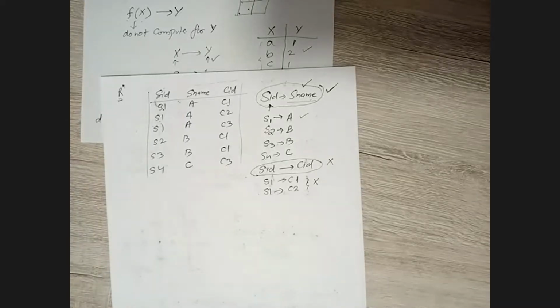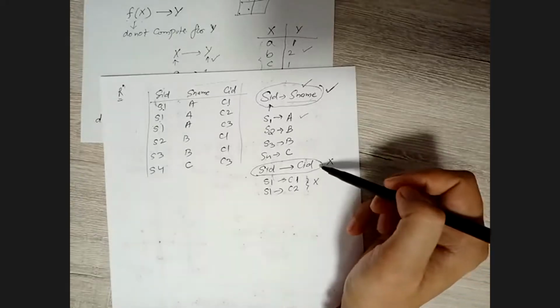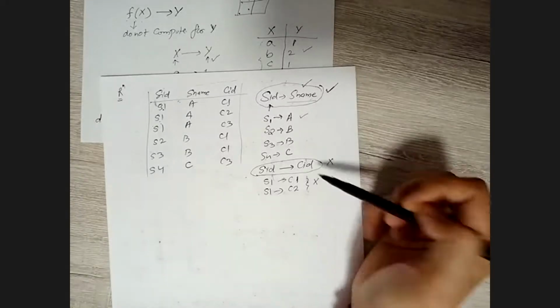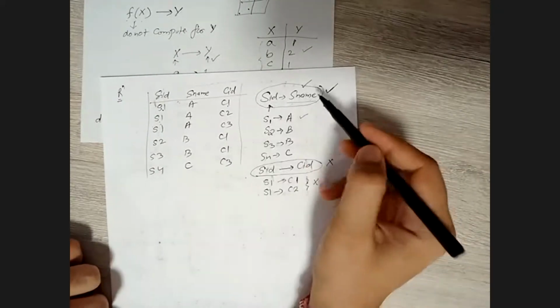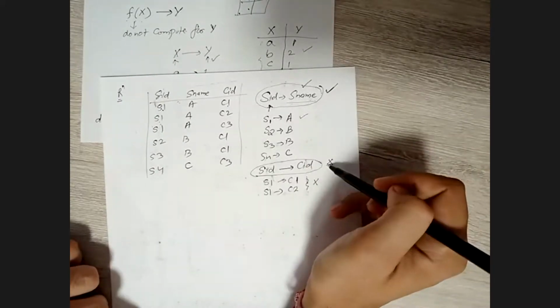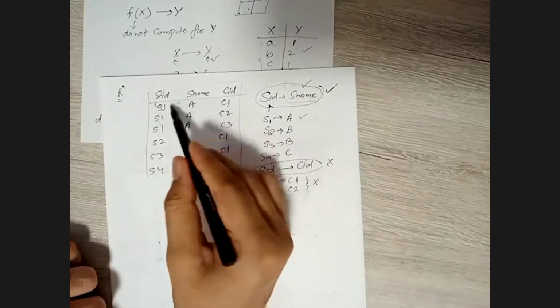I hope you have understood. There are a lot of examples, but we have understood the concept so far. In this way, we identify whether the functional dependencies are available or not. We are checking the feasibility of the functional dependencies based on the values in the database.